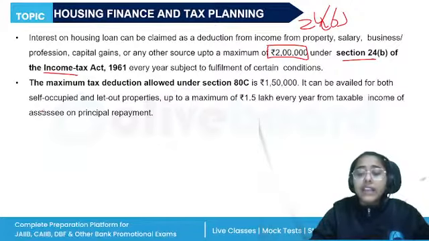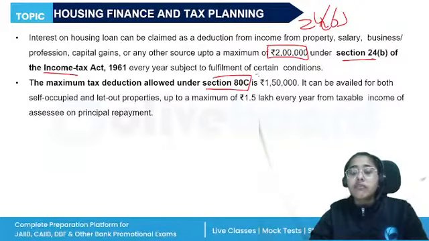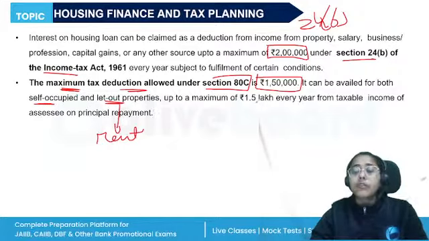Then we have the tax benefit on home loan principal repayment under section 80C, which is 1,50,000. The maximum tax deduction under section 80C is 1,50,000, and it can be availed for both self-occupied and let out properties that are given out on rent, up to a maximum of rupees 1.5 lakh every year from the taxable income of the assessee on the principal repayment.